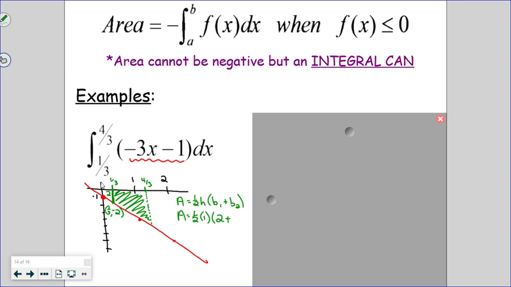So as I'm doing my area formula, you notice I'm making it positive. Same thing if I plug 4/3 in here. 4/3 times -3 is -4, -1 would be -5, which means this base has a length of 5. So our area is 1/2 times 7, 7/2. But our integral is below our x-axis. Anything below our x-axis is negative area, so -7/2.